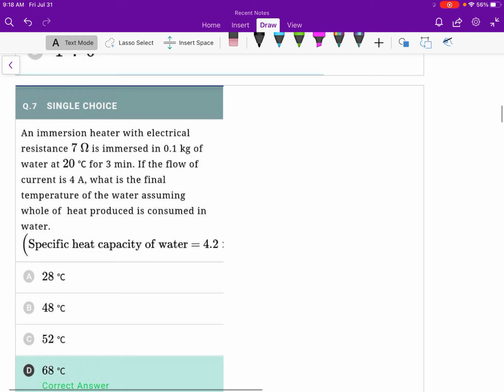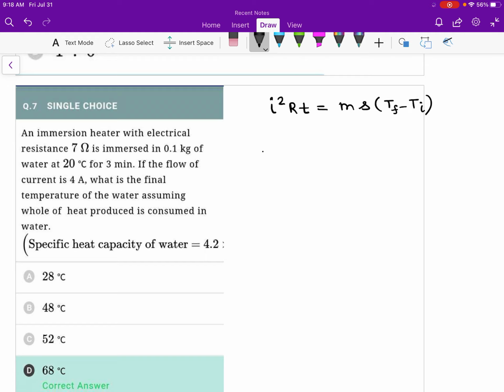An immersion heater with electrical resistance this, mass this, temperature this, if the flow of current is this, what is the final temperature? So guys, heat is I square R t, and that is equal to m s (T final minus T initial). So T final is T initial plus I square R t upon m s.